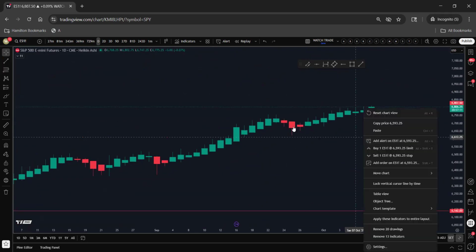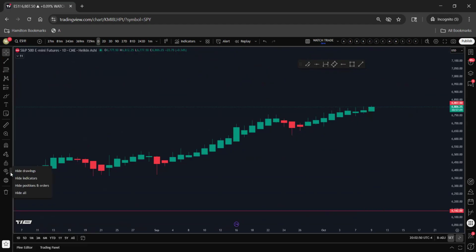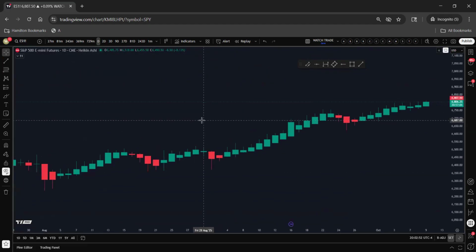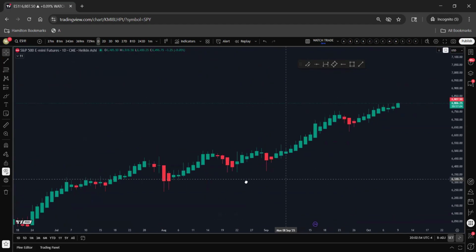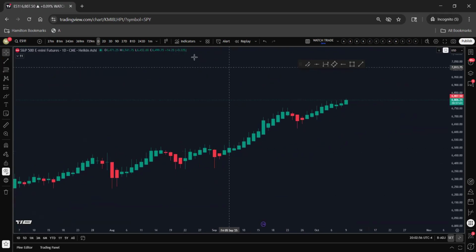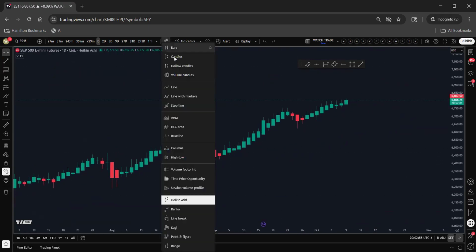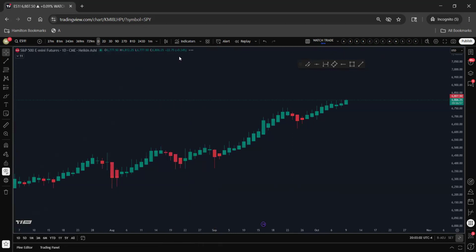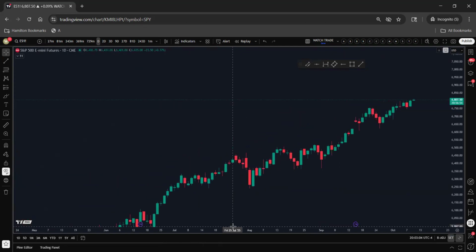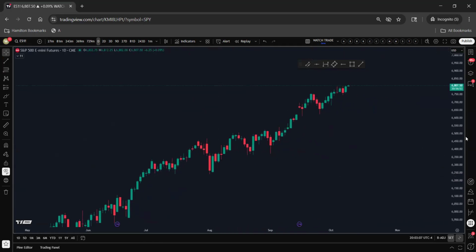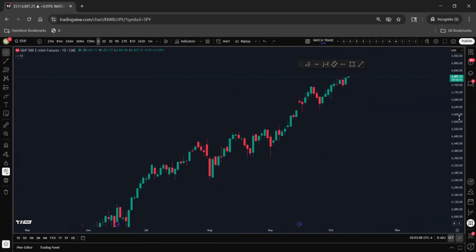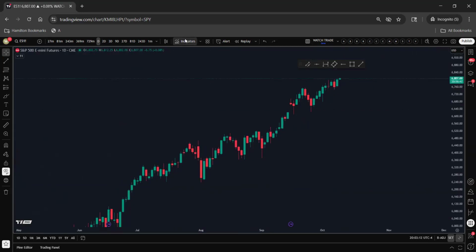So everything appears to be side drawings. So we have no indicators. We have a naked chart. And this is Heikin Ashi. Let's go to regular candles. Okay, so let's draw on some indicators.